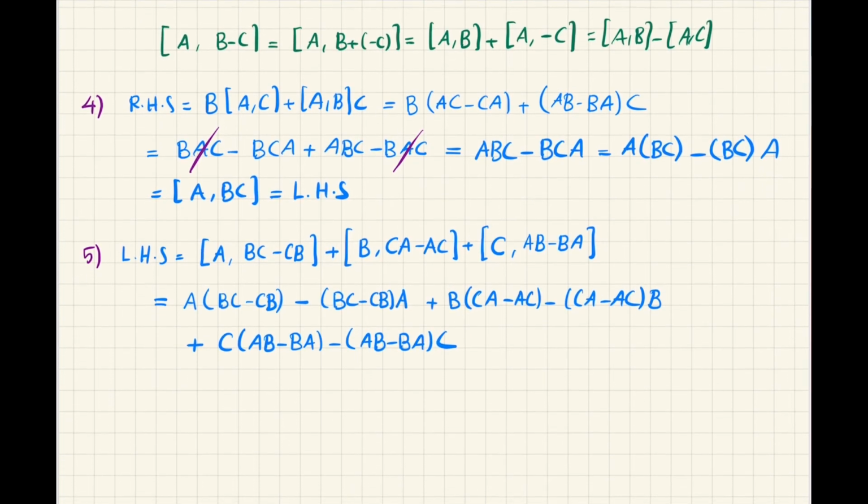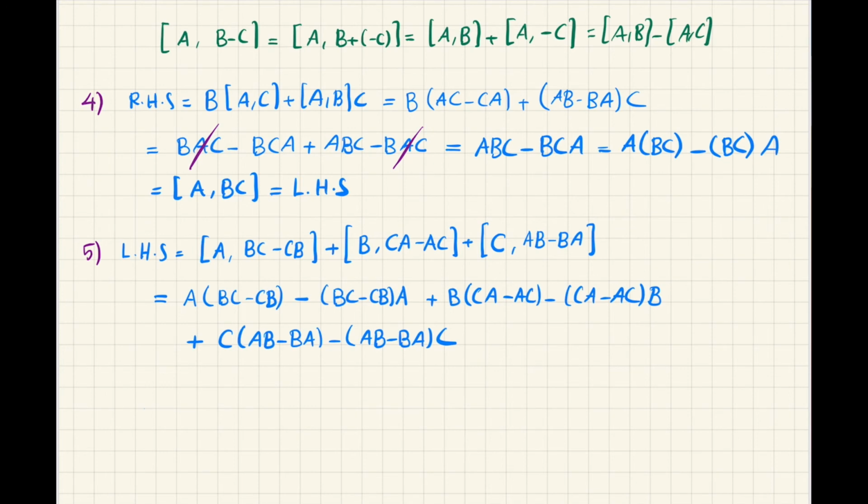And then I will distribute these matrices inside. For the first one, I need to be careful to keep the order exactly the same. So I multiply here from the left, and I have ABC minus ACB. Then of course I have an extra negative sign, so the first term becomes minus BCA but positive CBA.